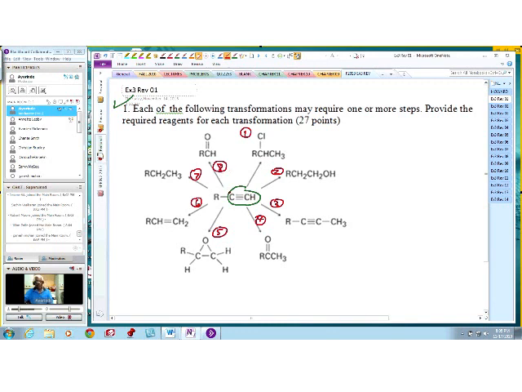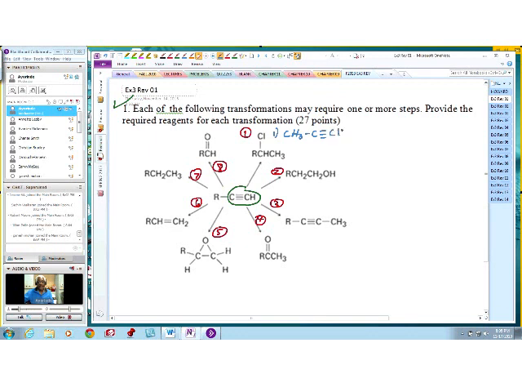So now let us work on transformation number 1, going from a carbon-carbon triple bond to this organohalide compound right here. Instead of the R, let us just simply use a methyl group. The R could be any alkyl group.